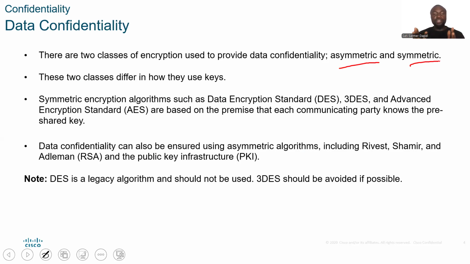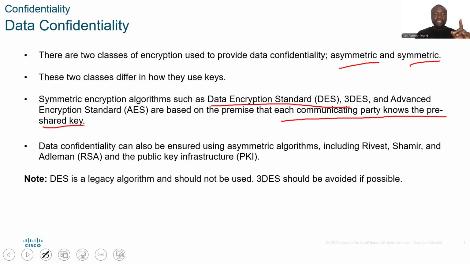Symmetric encryption algorithms such as Data Encryption Standard (DES), 3DES, and Advanced Encryption Standard (AES) are based on the premise that each communicating party knows the pre-shared key, which means the sender and the receiver both know the password or key that is going to be used in the decryption of the data. So that is symmetric. Both parties know the encryption key.